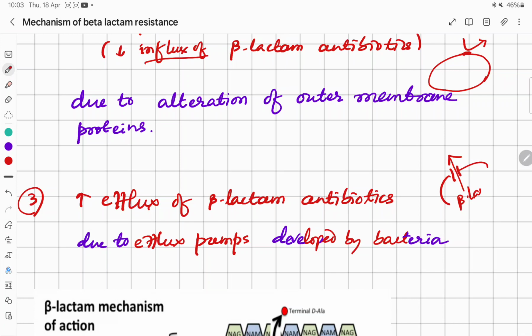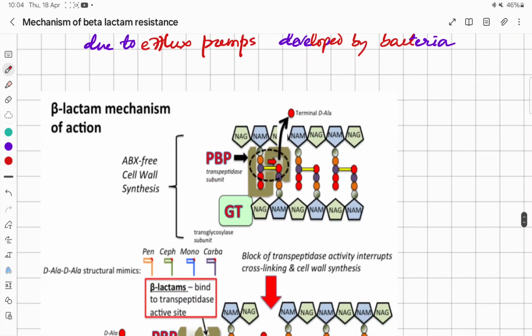So the increase in efflux occurs because of the efflux pumps developed by the bacteria, and these pumps actively pump the drug out of the bacterial cell. So this also causes resistance. So these are three causes.